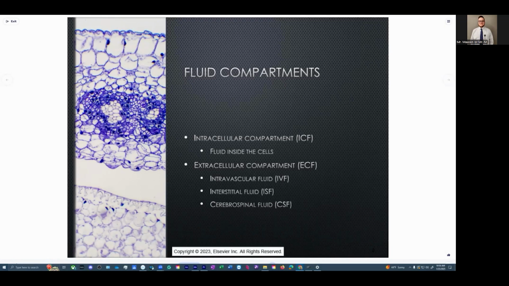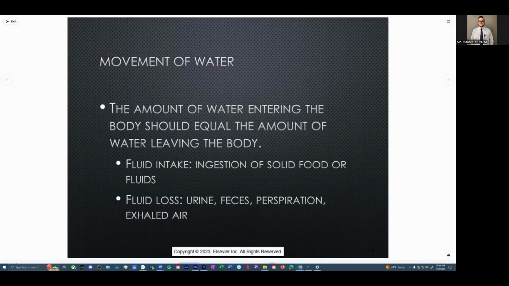And then there's cerebrospinal fluid, which makes up its own little category because it's very unique and doesn't typically move around. It's made in one location, flows through a location, and stays in its own little world. So those are the fluid compartments.